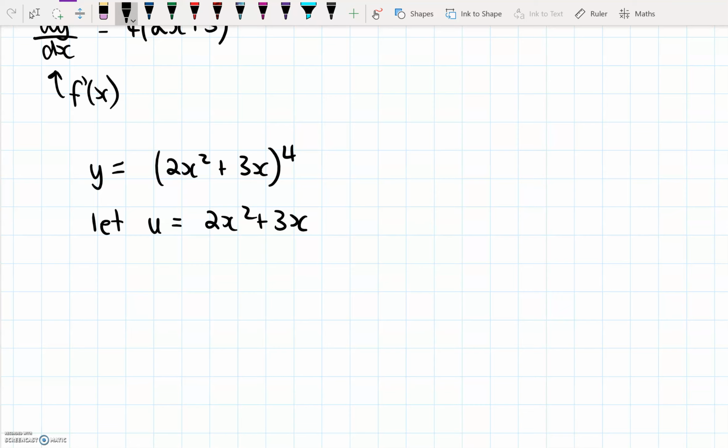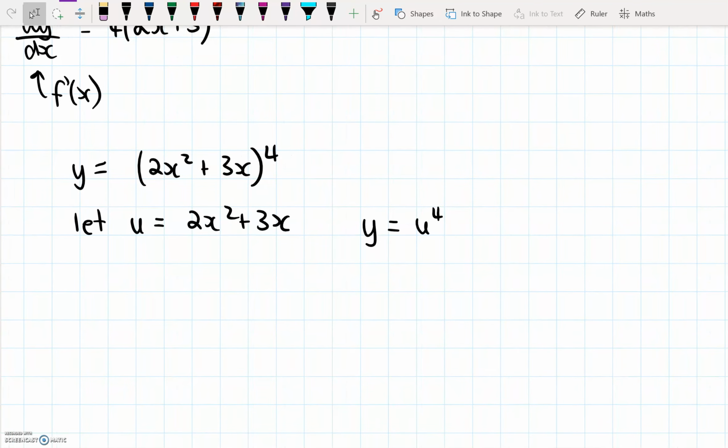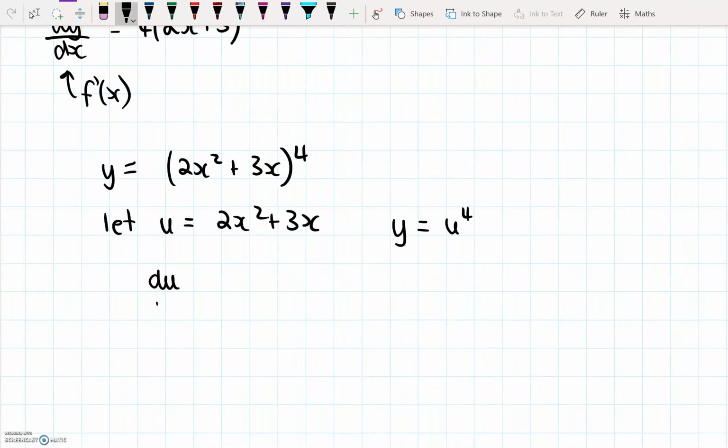The next thing you should do is write y equals, and replace that 2x squared plus 3x with u, so u to the power of 4. Then all we need to do is differentiate each of these. So we get du dx is equal to 4x plus 3, and dy du is equal to 4u cubed.